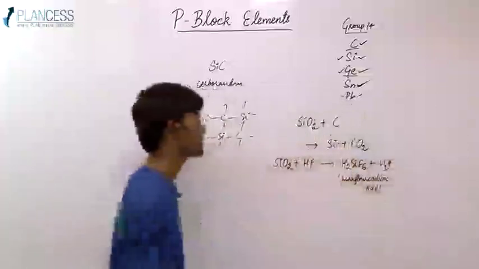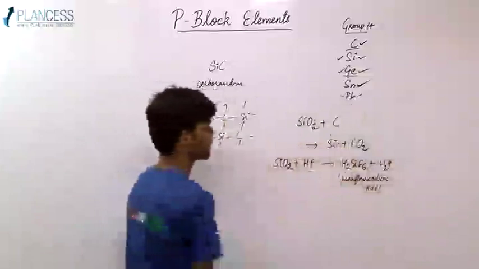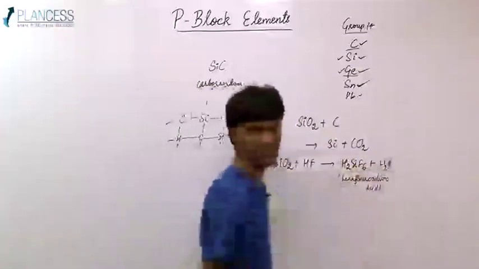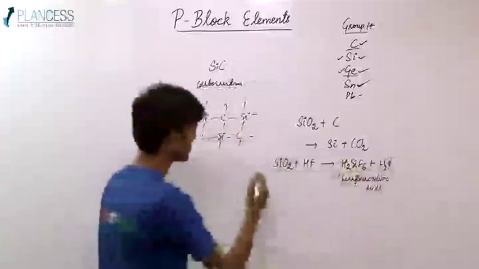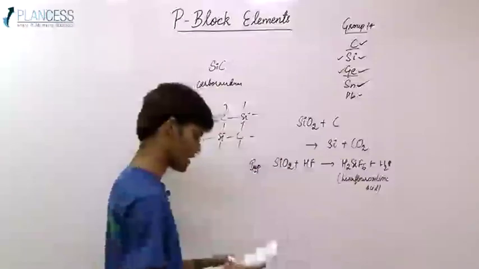So this is the reaction. It is not attacked by any acid, however it reacts with HF and forms hexafluorosilicic acid. This is a very important reaction, because SiO2, that is silica, reacts with only HF.